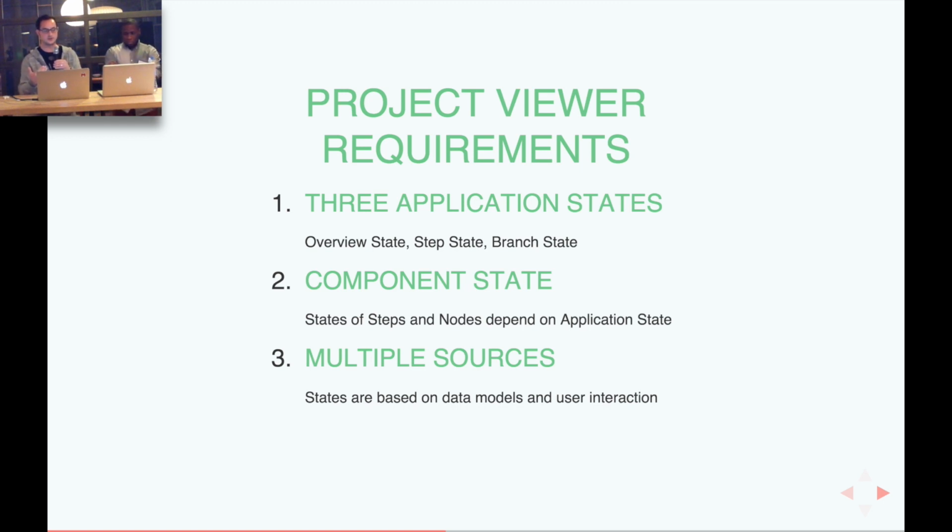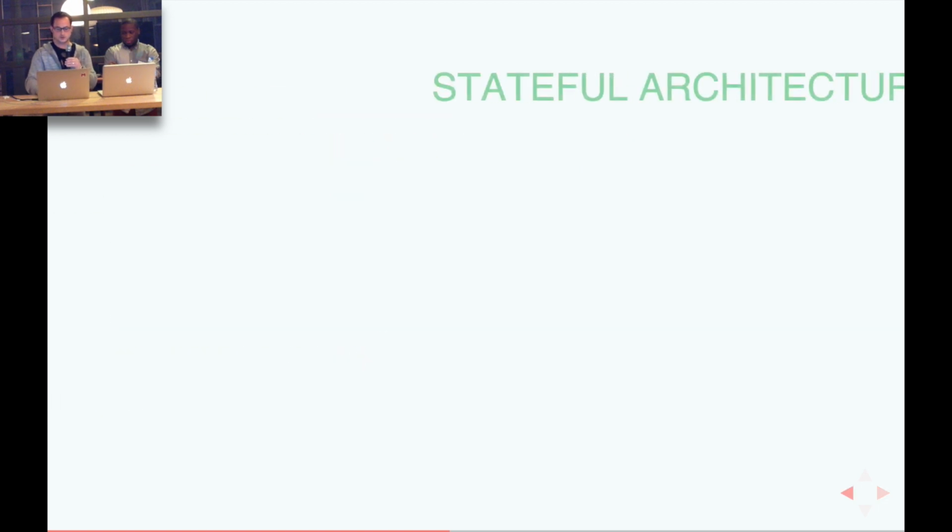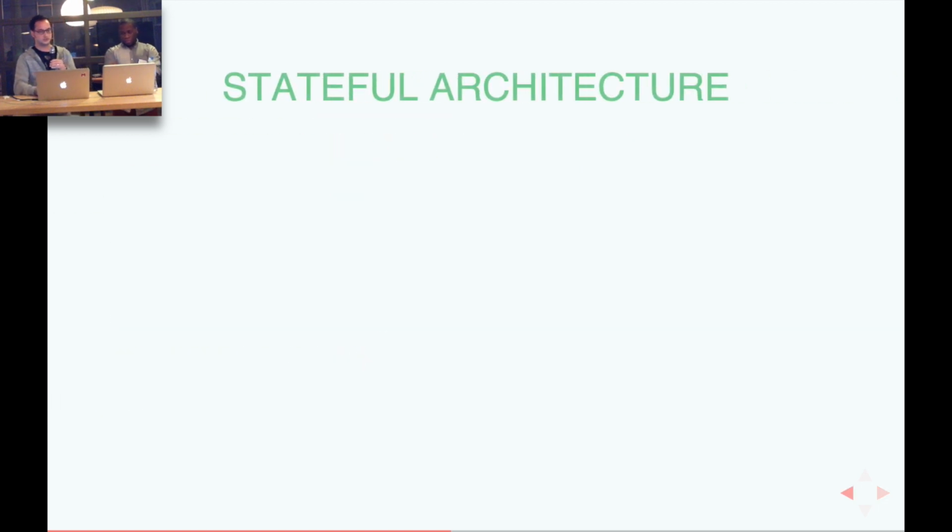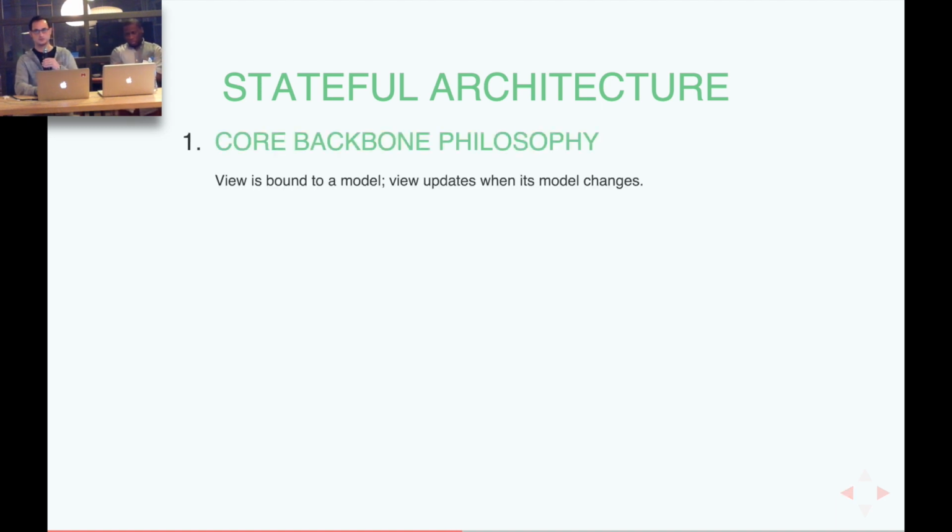So we wanted an architecture, and I was personally really passionate about an architecture, that would allow us to nest these ideas of state and enforce separation of concerns. We did a lot of research in stateful architecture, beginning with the core Backbone philosophy of views bound to a model and a view updates when its model changes. That's a great place to start.